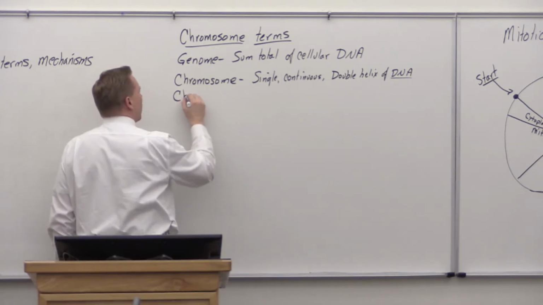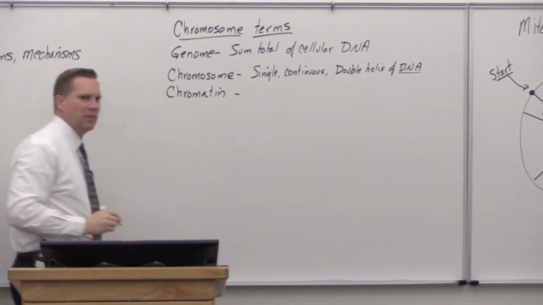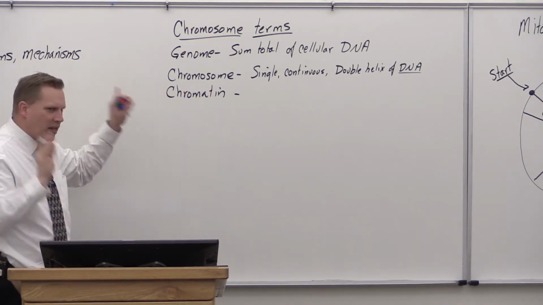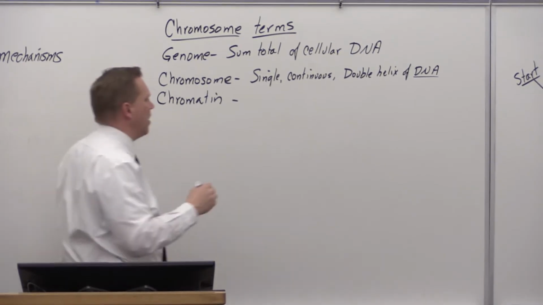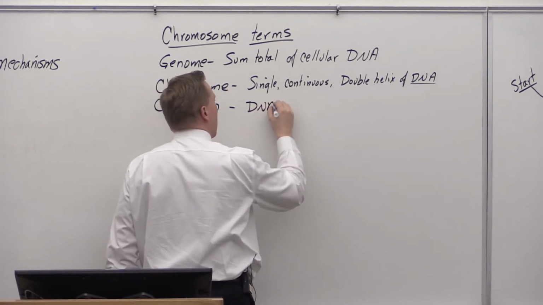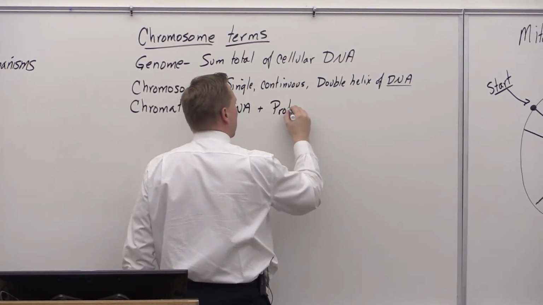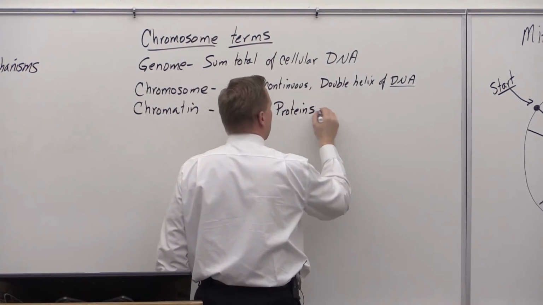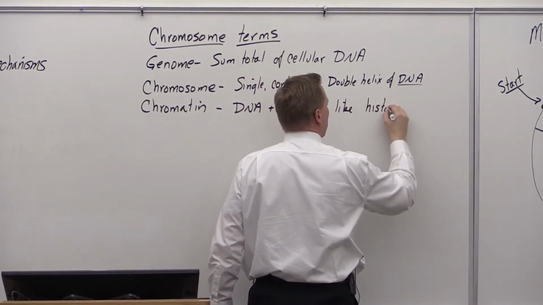You'll hear another term called chromatin. Now, chromatin is a little bit different than the word chromosome, but they're often used interchangeably. Chromatin is equal to DNA plus proteins like histones.